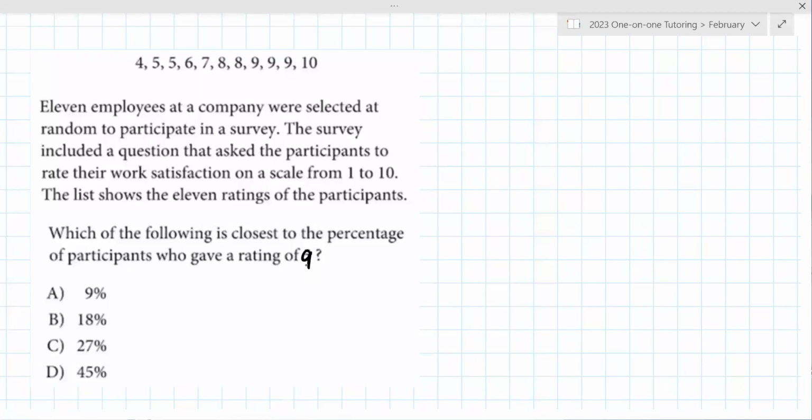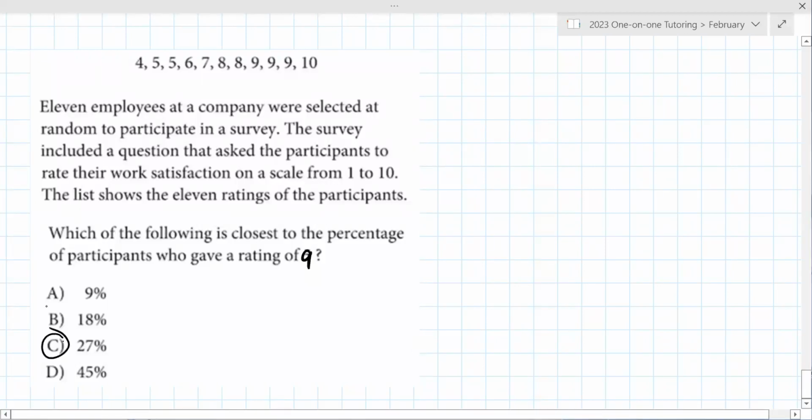Then would it be C? Yes, very good. Again, no calculator needed for this. All right. This one's a little bit more difficult.